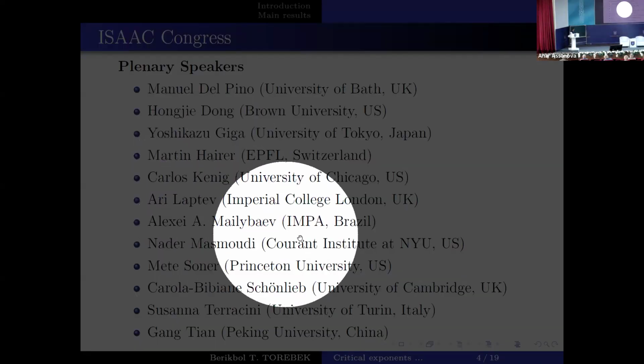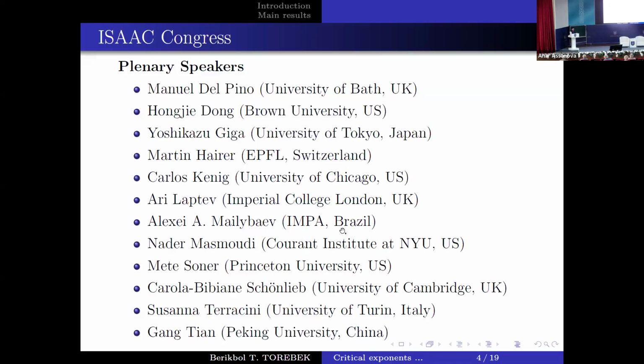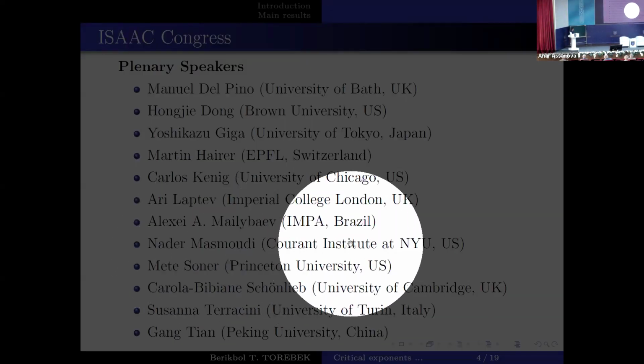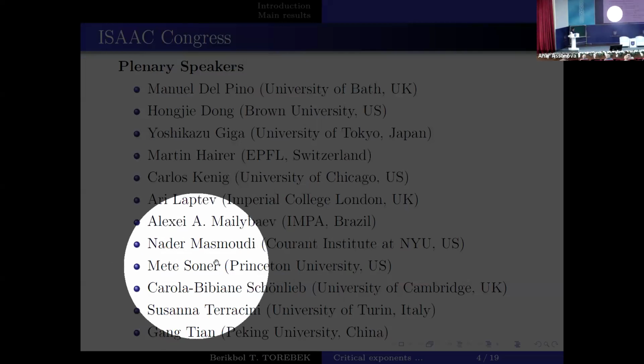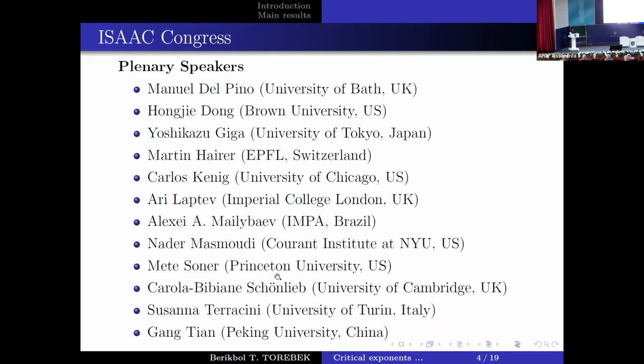Also Alexei Mailybaev from Brazil, an expert on fluid mechanics. Nader Masmoudi from the Courant Institute was a PhD student of Pierre-Louis Lions, and is also an expert in PDE and fluid mechanics. We have also Mete Soner from Princeton University, an expert on geometric measure theory and financial mathematics.